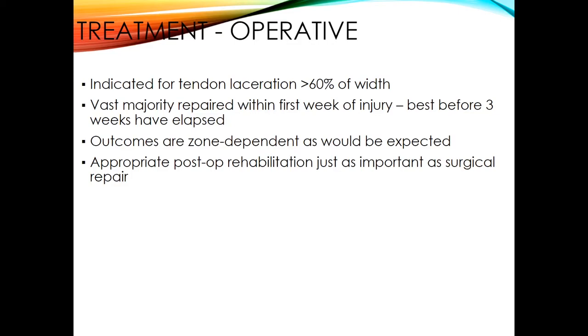And the outcomes are directly related to the zone in which the repair is performed. So zone 2s do worse than zone 1s and zone 3s for sure. Zone 5s have the best outcomes because you just don't have the space limitations and the density of nearby structures to scar to and prevent good outcomes.